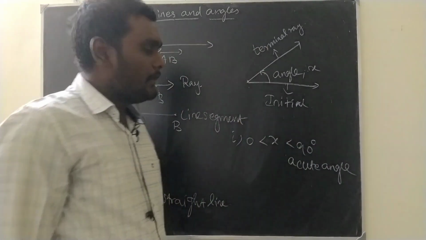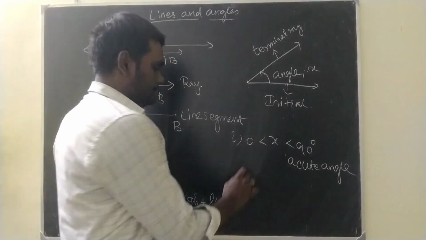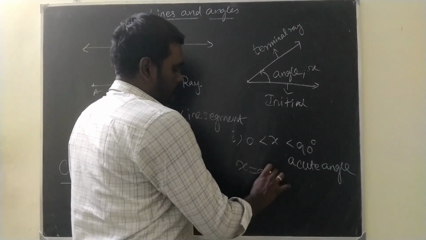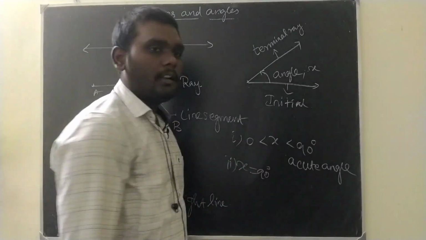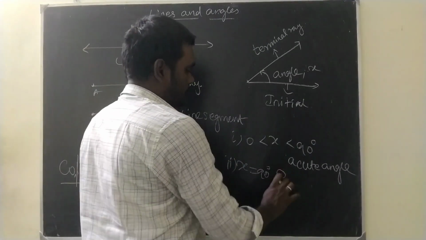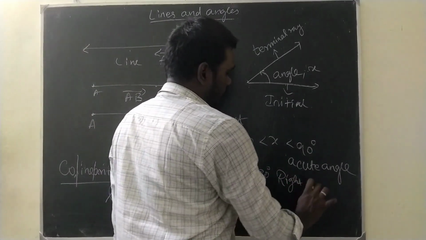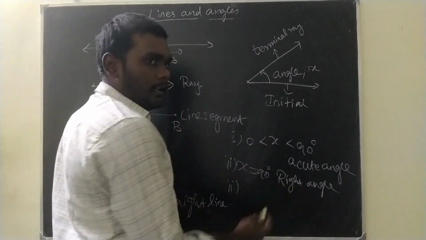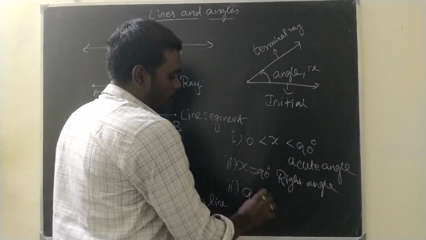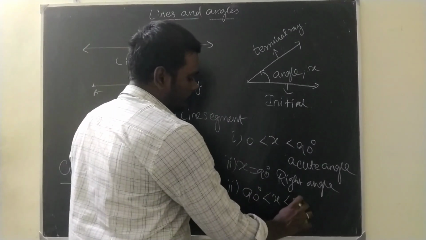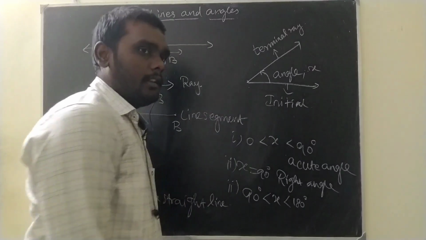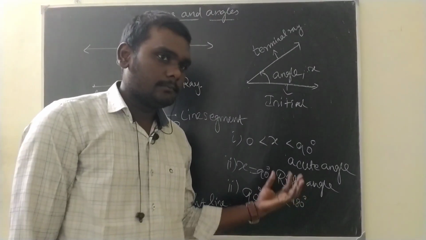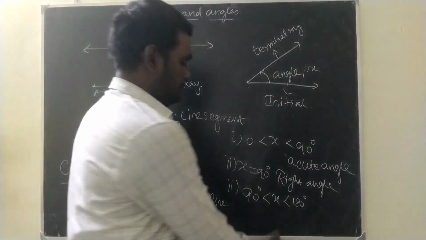If that angle is exactly 90 degrees, then it is called a right angle. If this angle is more than 90 degrees and less than 180 degrees, the name of this angle is what? Obtuse angle. Yes.